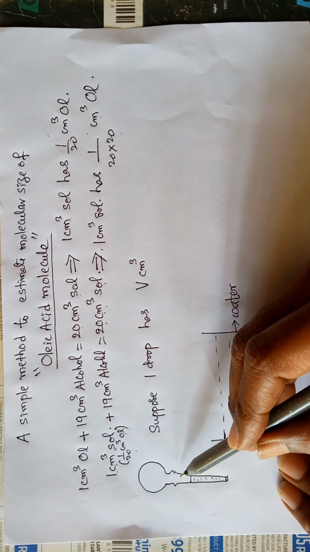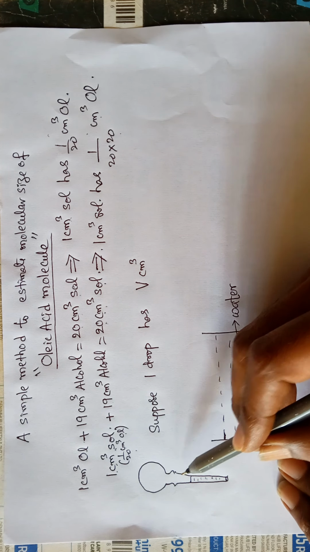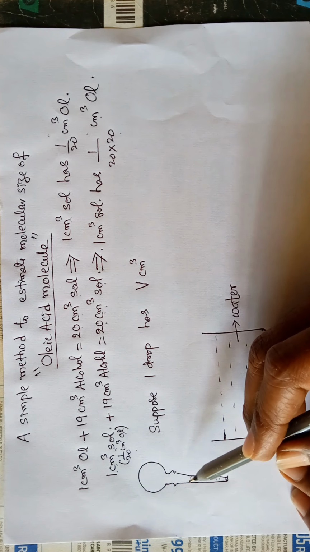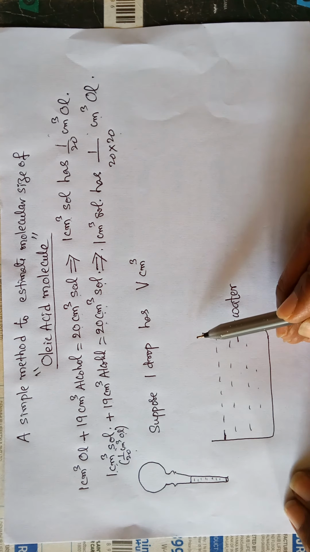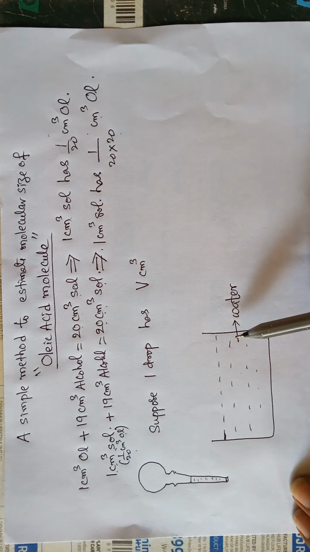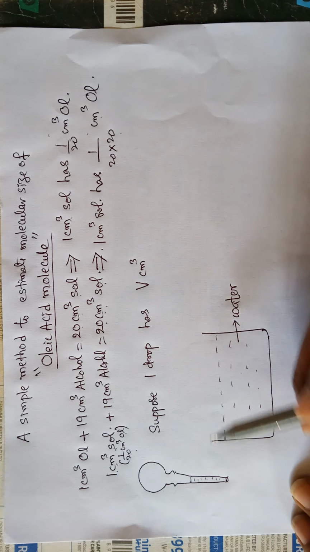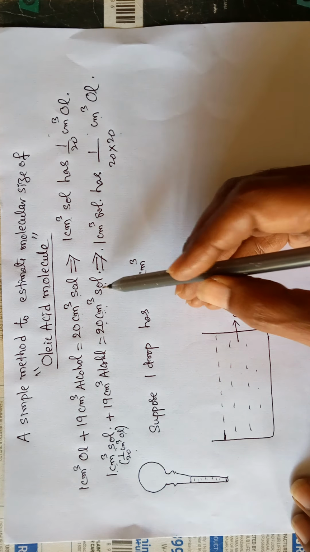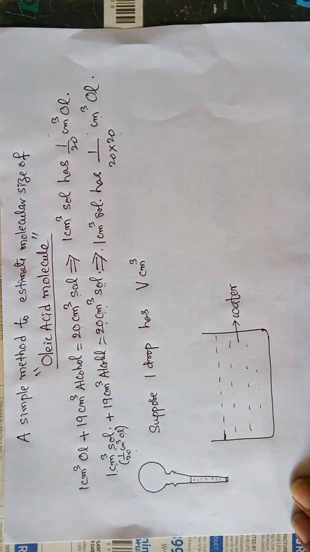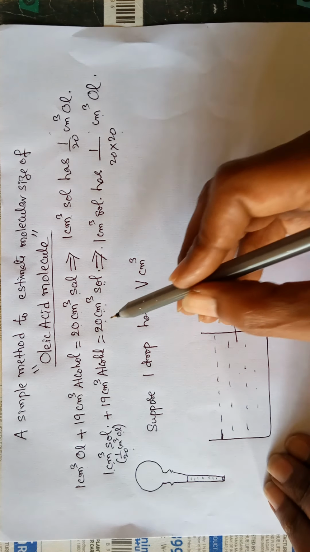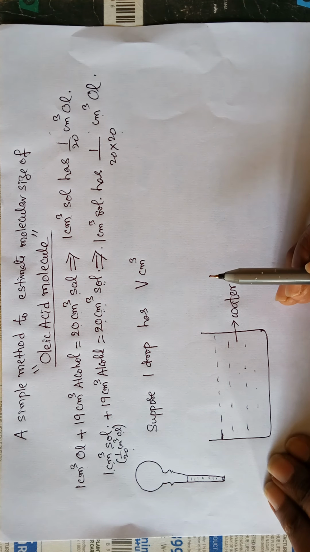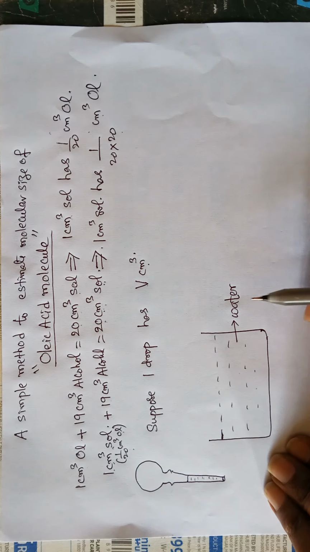You take a dropper and draw some amount of solution with the help of the dropper, and afterwards you take a beaker. In that beaker you take water, and now you will be dropping this solution dropwise into the water. Suppose the volume of one drop of this solution is V centimeter cube.